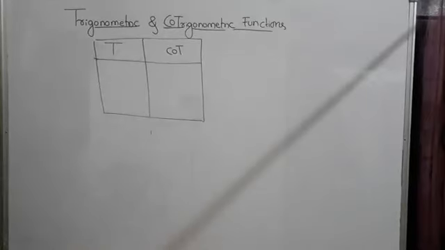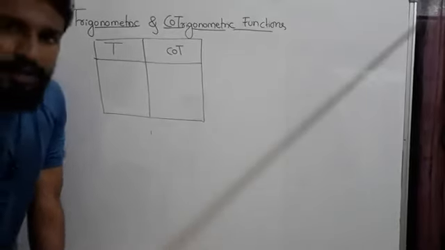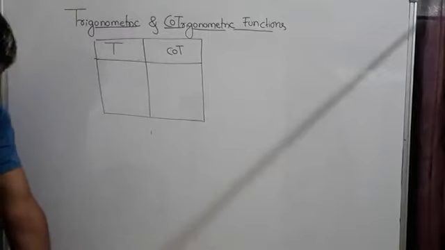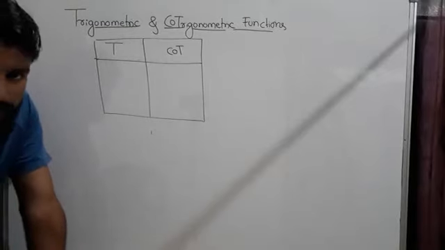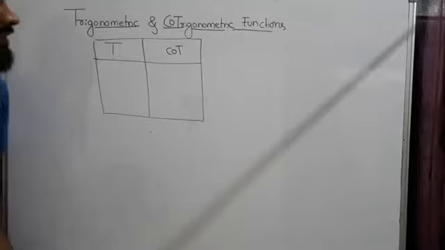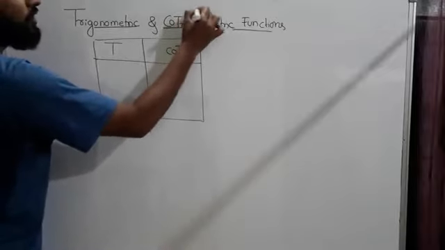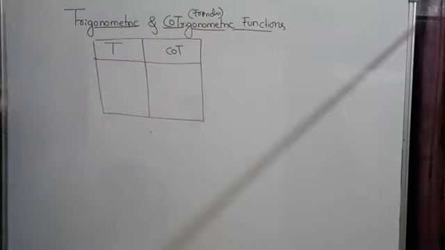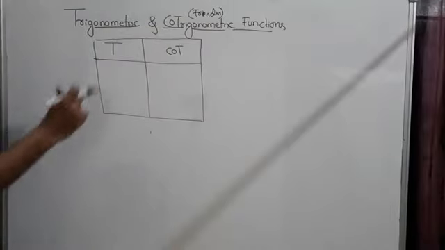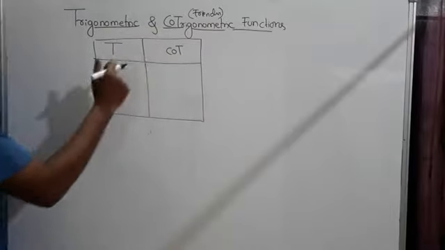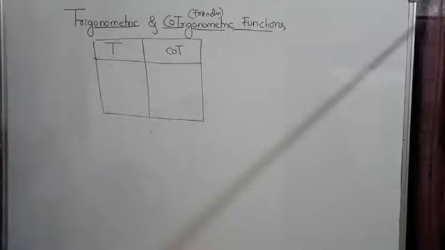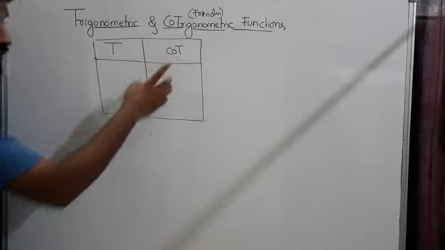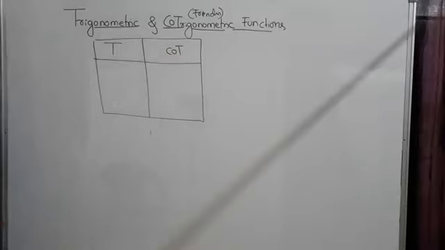Well, dear students, the next concept is about trigonometric and co-trigonometric functions. Generally, I call them friends. Instead of co-trigonometric, you can call them friends also, not an issue. So generally we write T and co-T. Don't get confused: T means tan, co-T means cot. They are friends actually.